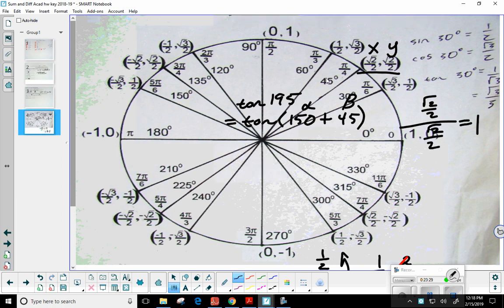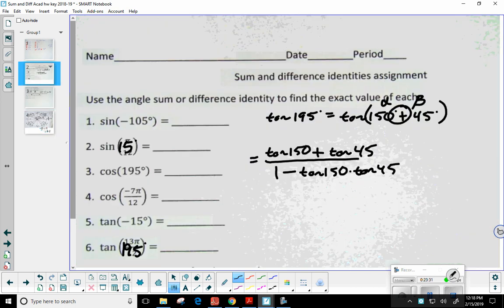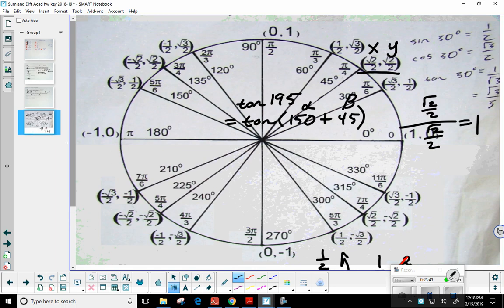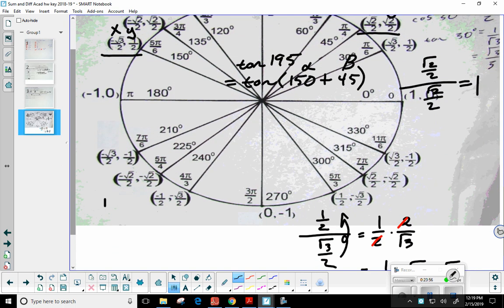So the tangent of 45 is just 1. Okay, so we come back over here. Tangent of 45 equals 1. That one's easy. Okay. Now we need what? Tangent 150. Okay, so we're going back to the unit circle. So here's 150. Okay. So I want to take the y value and again divide it by the x value. I want tangent of that. So let's see. The y value being 1/2. And I'm going to divide it by the negative square root of 3 over 2. Actually, didn't we see this one a second ago?